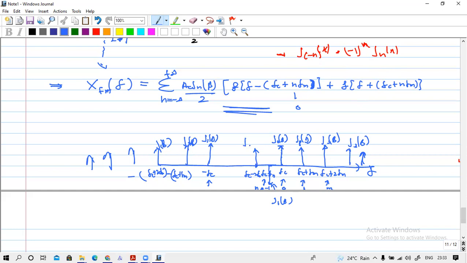Here it is J2 beta. So likewise you can write the components from minus infinity to plus infinity, so that you will get an infinite number of frequency components. So likewise you can write the frequency spectrum, and this value you can find with the Bessel function table.